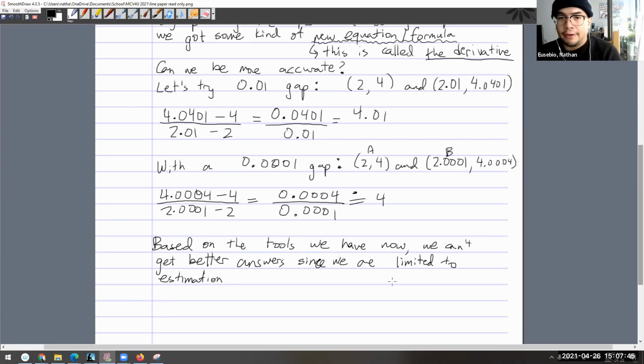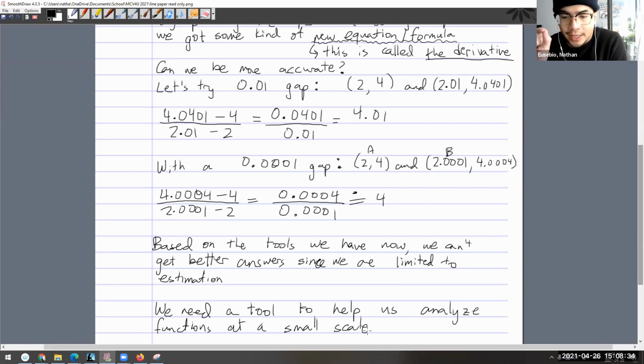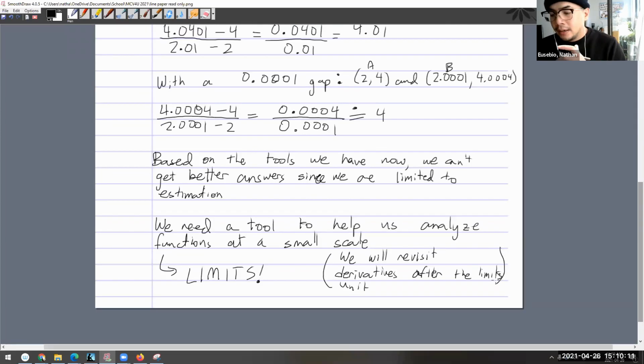Based on the tools we have now, we can't get better answers because we're limited to estimating smaller and smaller gaps. We need something to help us analyze functions when the gaps get really small, kind of like a microscope or a magnifying glass for your function. That's what we need. And that tool is called the limit.